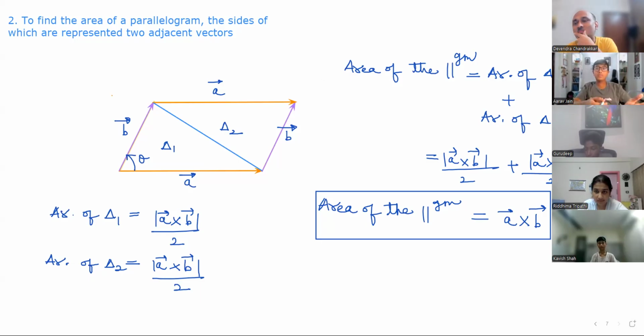To find the area of the parallelogram, can't we just simply do A vector cross B vector? Which is just originally the entire area of the parallelogram.